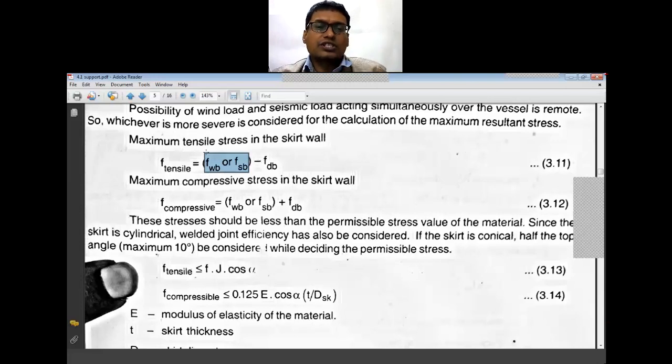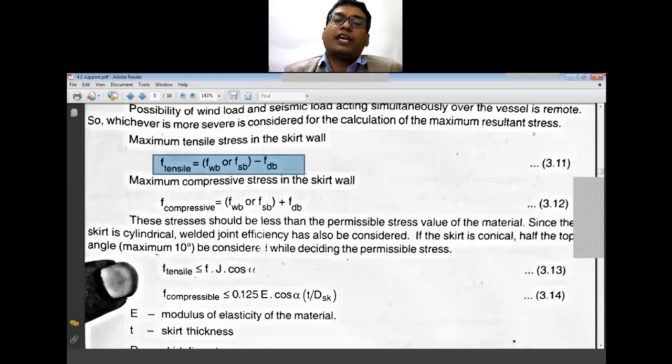So the maximum tensile stress is nothing but the higher value of the wind load or seismic load stresses minus the stresses because of the dead weight, that is FDB, the stresses because of the dead weight acting at the bottom.